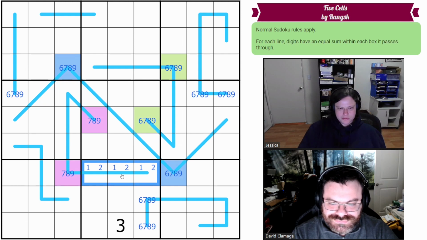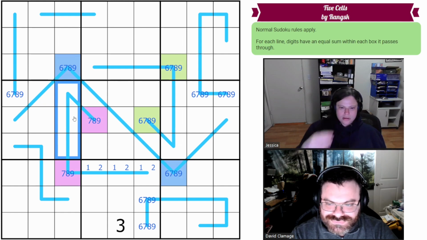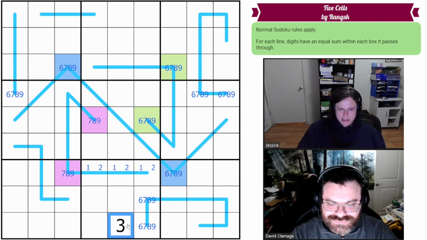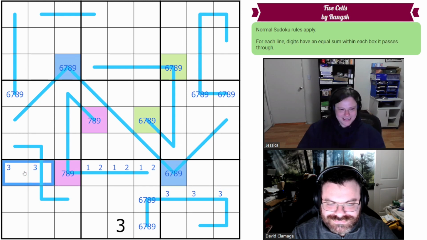So this is 1, 2, 4, 1, 2, 5, or 1, 2, 6. Okay. Which means the same thing here, right? Oh, no, not necessarily. It's the same sum, but not the same digits. Yeah, there's no given 3 in that box, so. Right. Okay. Well, that was a very generous 3. Thank you. Oh, that means there's a 3 here. Now we're getting somewhere. Okay. And here. Hey.